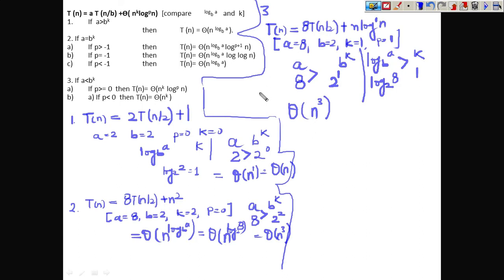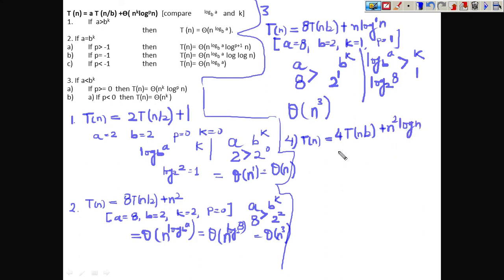Let us make a question which belongs to some different case. Let me make the question which actually belongs to some other case. So T of n is equal to 4T of n by 2 plus n square log n.